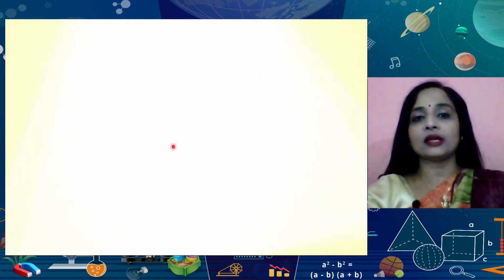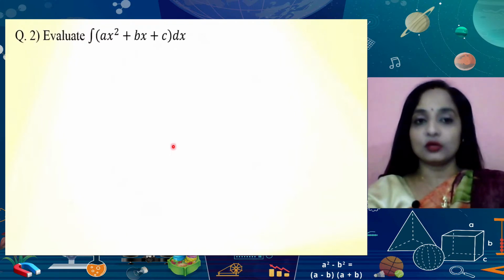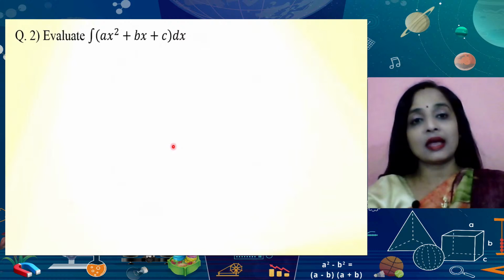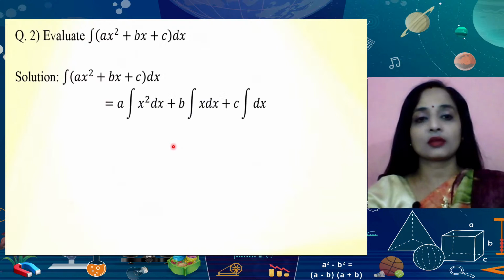But you can find the integral of any function straightforwardly also by all the formulae that you have just learned as antiderivatives. So this is the question given to you: find the integral of ax square plus bx plus c with respect to x, of course. You can split them like this: integral of ax square plus integral of bx plus integral of c. Since a, b, c are constants, you can write them outside the integral sign.